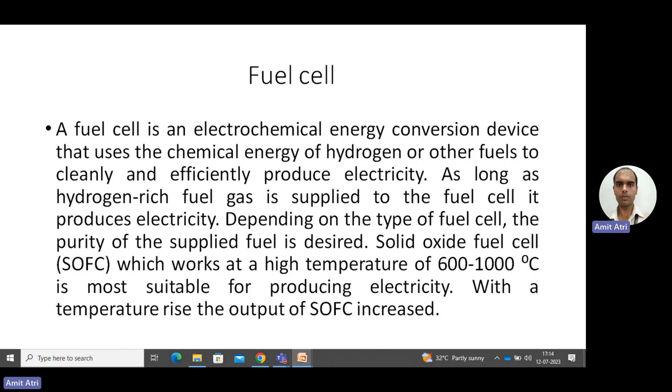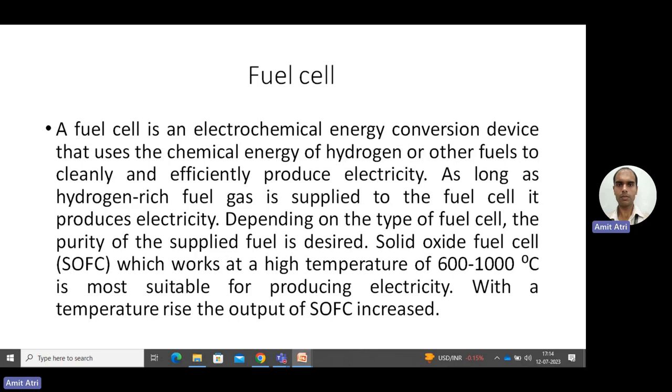Now coming to a high temperature fuel cell like the solid oxide fuel cell, SOFC, that works at a high temperature of about 600 to 1000 degrees Celsius. In this case it is using high temperature, so the purity level of the input fuel is considerably lower as compared to the low temperature fuel cell.